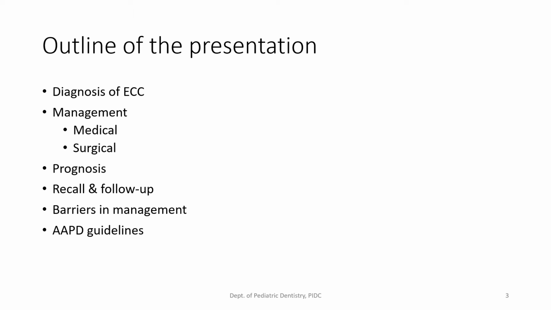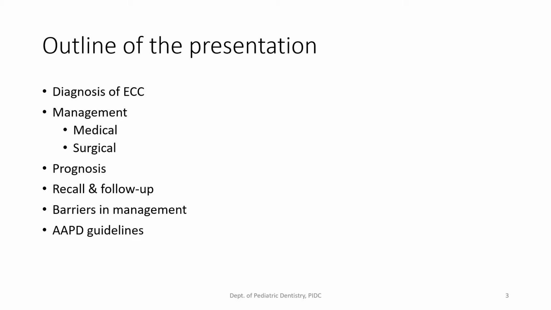Today's presentation I have outlined for you so that it is easy for you to understand. We're going to look at some basic ways of diagnosing early childhood caries, and then we're going to look at how we can manage. In the management of early childhood caries, we have two ways: medical and surgical.